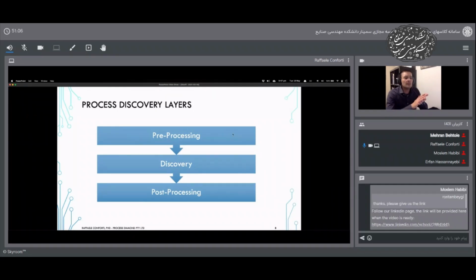Pre-processing means you may try to clean and improve the event log by removing information that is not essential, that is not useful, that is sometimes considered noise, or if you are more familiar with data mining, outliers. You can do something at the level of the discovery, the algorithm that you're using, or you can do something in a post-processing phase.